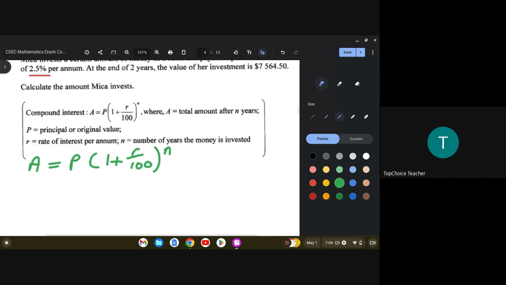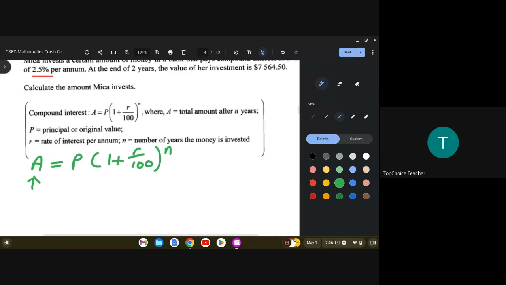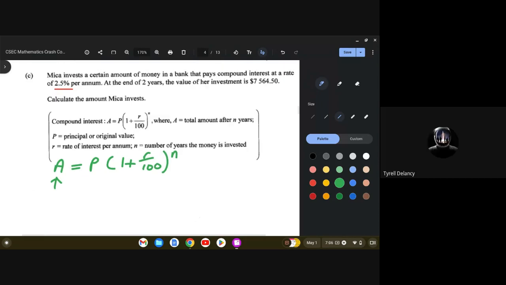So what do you think is A? Look at this here. A is the amount of money. But no, it actually would not be the amount of money she invests, because they want us to calculate the amount of money she invests. A, if you look at the formula, is the total amount after the number of years.